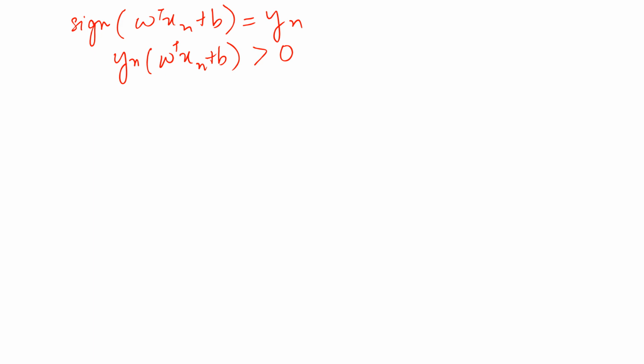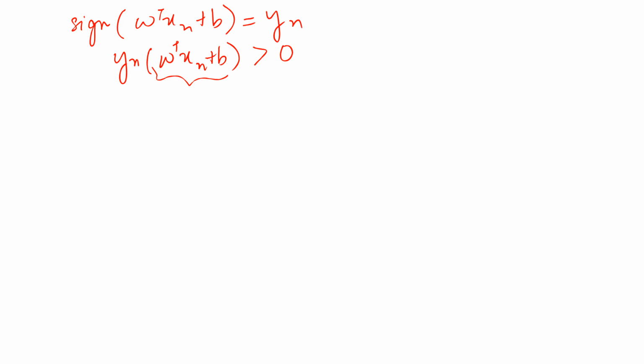Well, if my yn is plus 1, then the second term, my W transpose xn plus b, should also be positive in order for this to be positive. Similarly, if my yn is negative, then the term within the brackets should also be negative in order for this term to be positive.